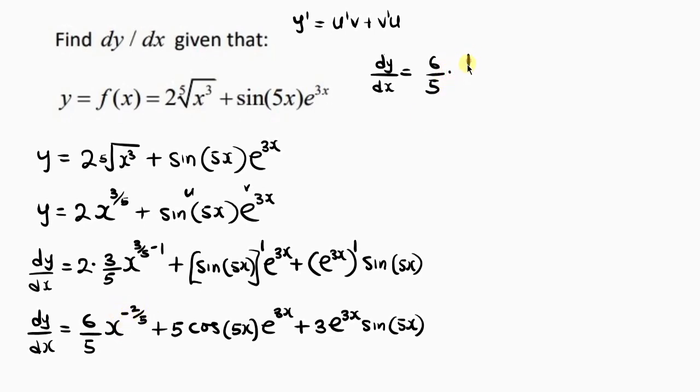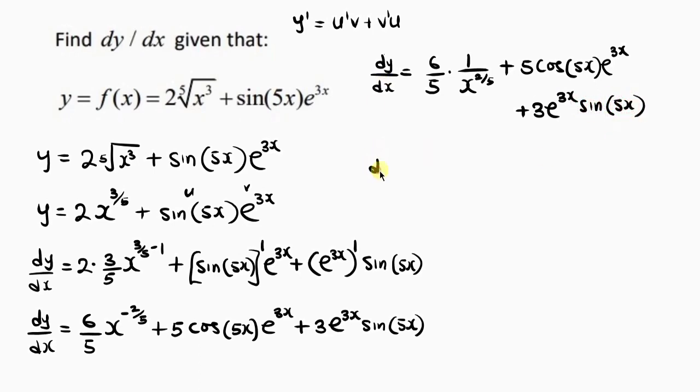So this means an inverse, which is 1 all over x to the power of 2 over 5. So you see that the negative power is no longer there because it has been replaced by this inverse. Plus 5 cos 5x exponential 3x plus 3 exponential 3x sine 5x.